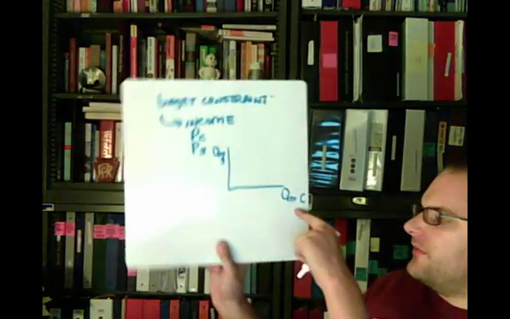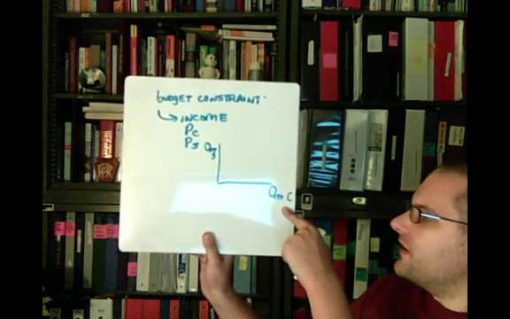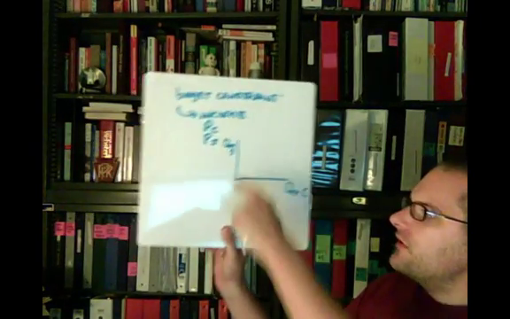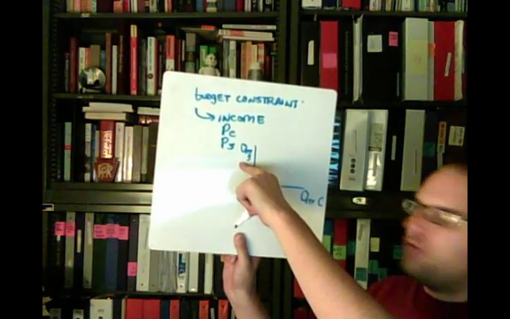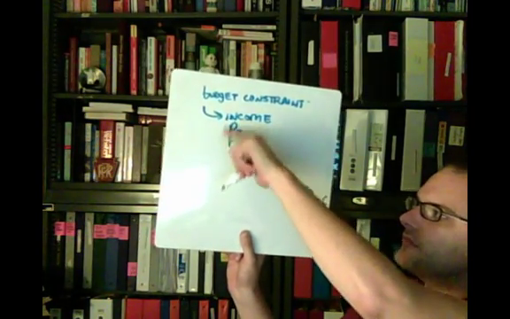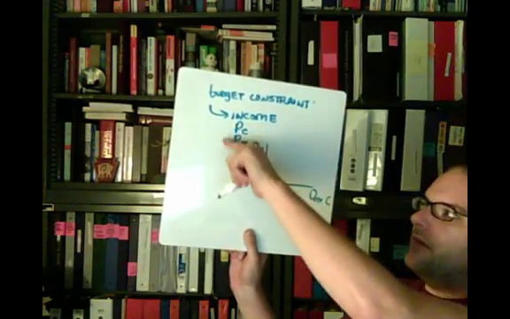Now, with that said then, as if I have my same space, but I have now quantity of crest, quantity of sushi, I can have a total income that's then used to buy these two goods.